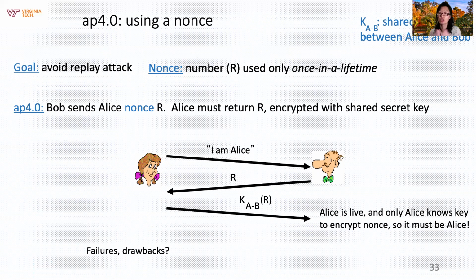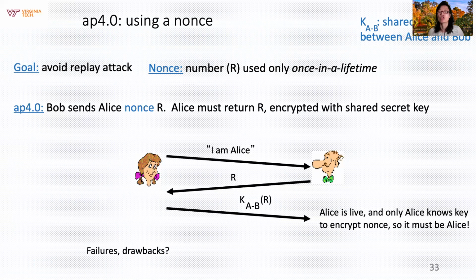And Bob, once received this ciphertext, would decrypt using the shared key and then just make sure that it's the same nonce. This is a liveness check and making sure that there's no replay.